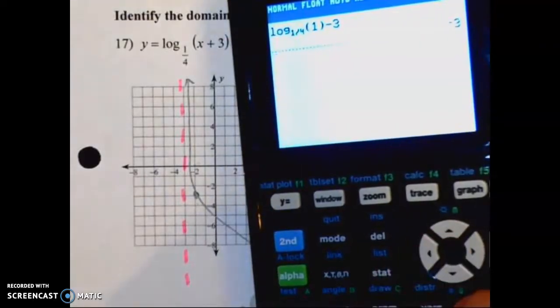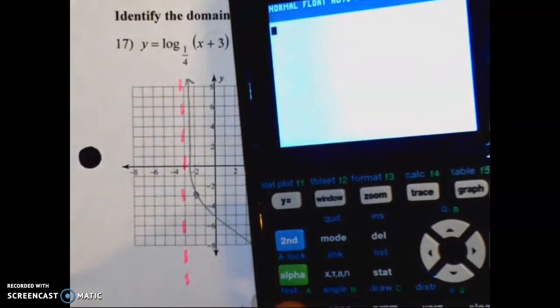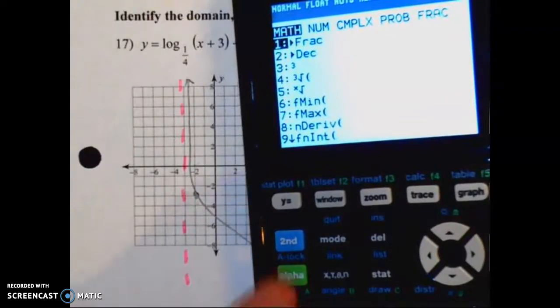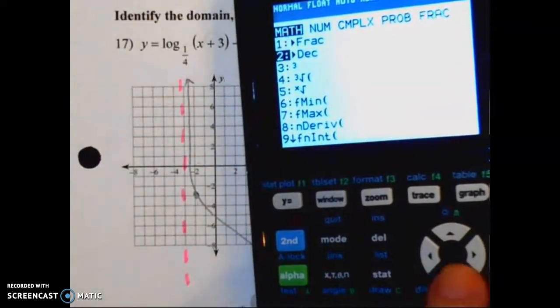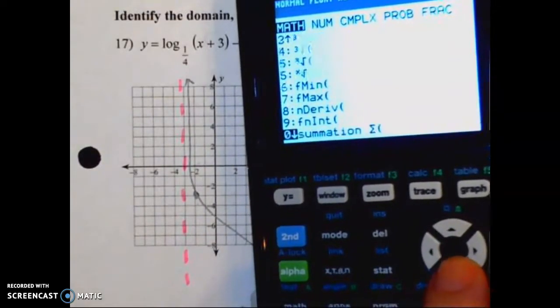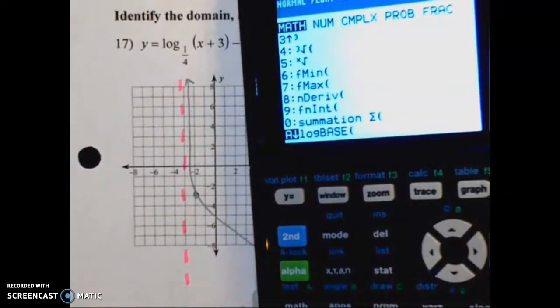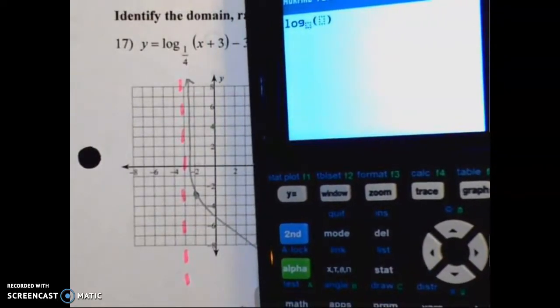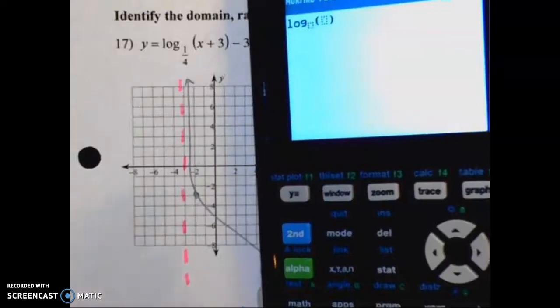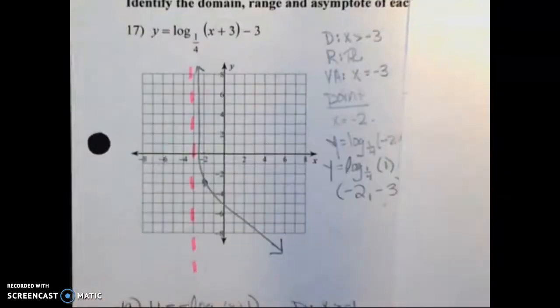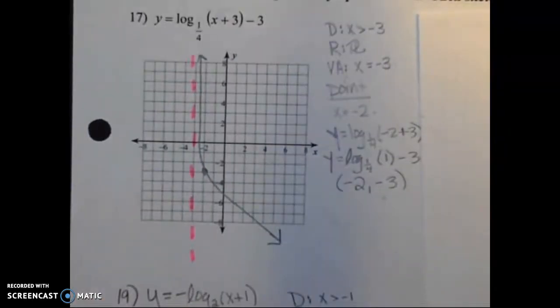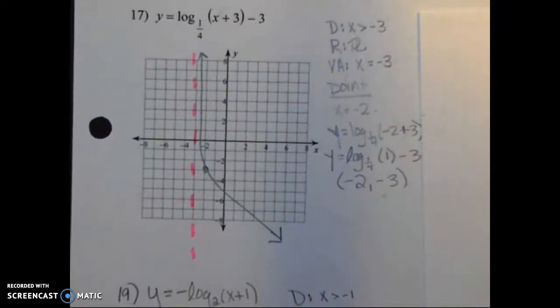I'm going to do it one more time. Math. We've done this over and over. Go all the way down till you hit the capital A, and when you hit enter, you'll be able to plug any numbers that you need in here. Sweet. So you get that point, (-2, -3).